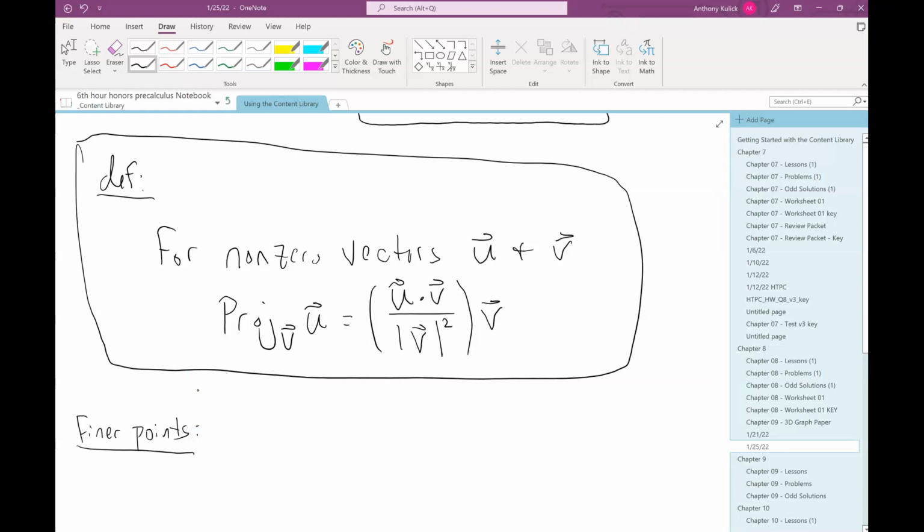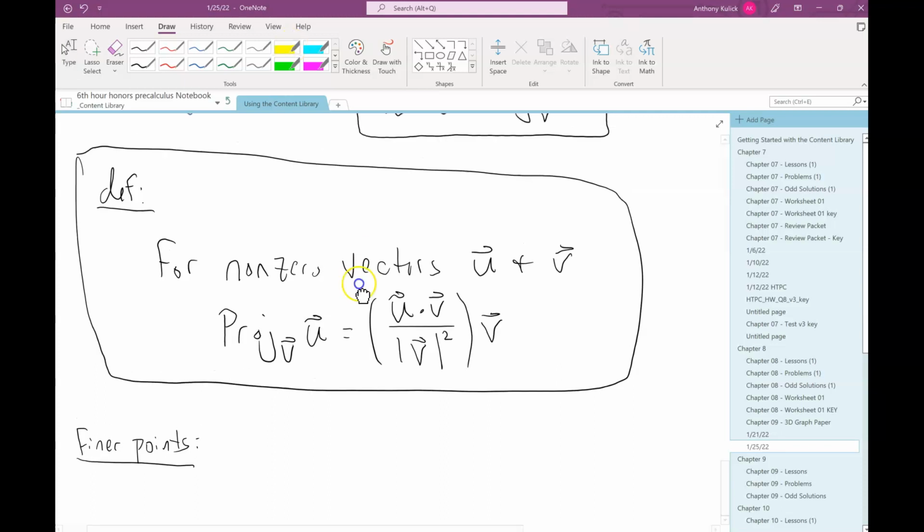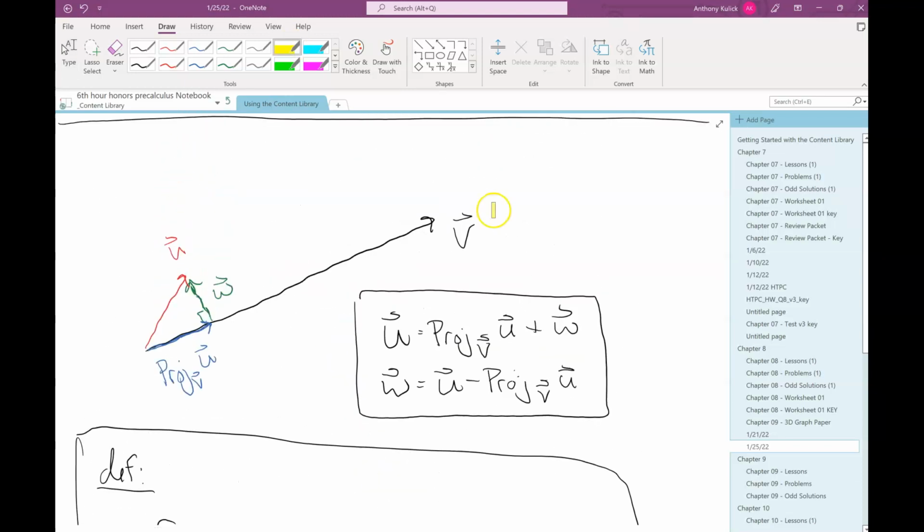So a couple of fine points here about this idea of a projection, and specifically this projection formula. Notice in the original picture that I drew vector v just kind of like arbitrarily large, right?